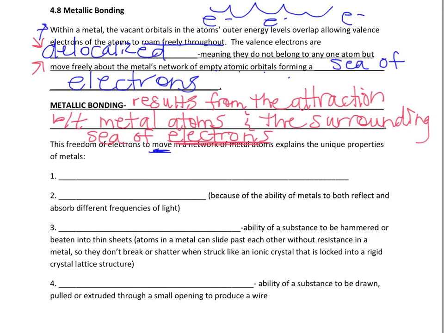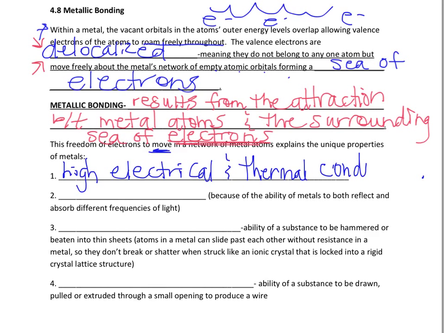You do need to know these properties. They are high electrical and thermal conductivity. Now we've talked about electrical conductivity, but we haven't talked about the fact that they are also conductive of heat or cold.